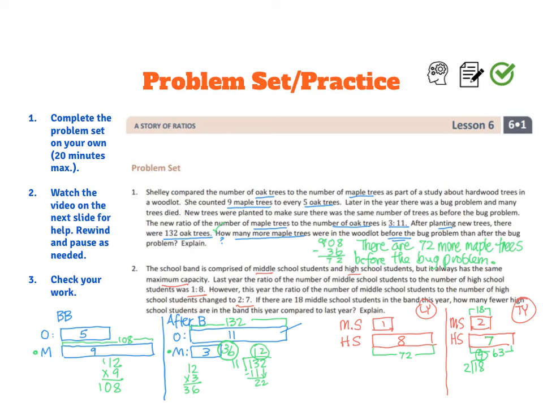I just take my 72 from last year and my 63 from this year, I do my subtraction, and I get 9. So how many fewer high school students are in band this year? There are 9 fewer students.